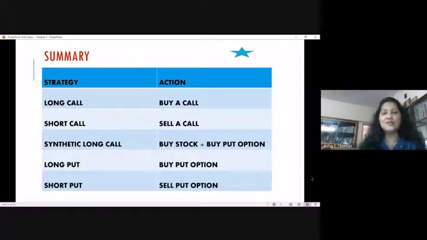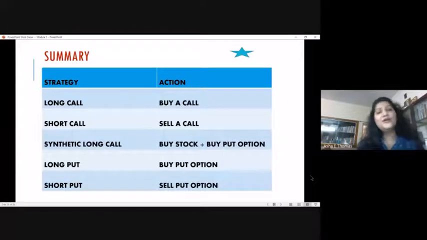A long put is nothing but you have the right to sell the asset. So if the price is having a downward trend, you are just protecting, covering that with a put option. Okay, so that is synthetic. It more or less resembles a long call option strategy. That is why it is called a synthetic long call.